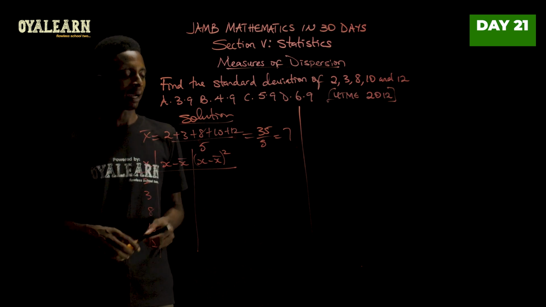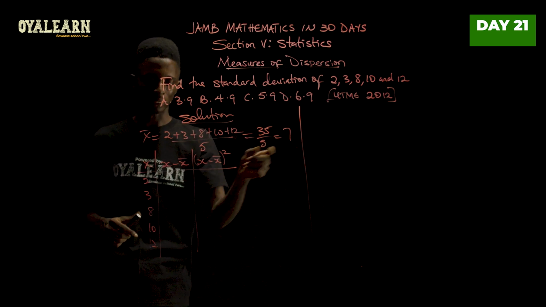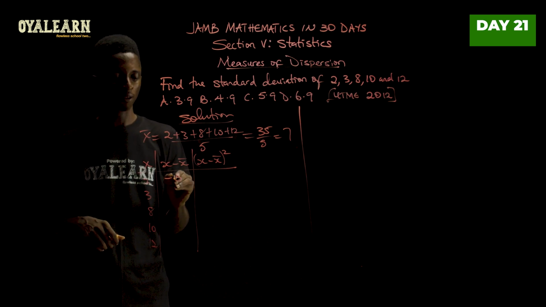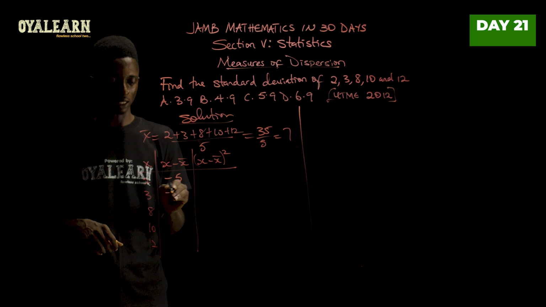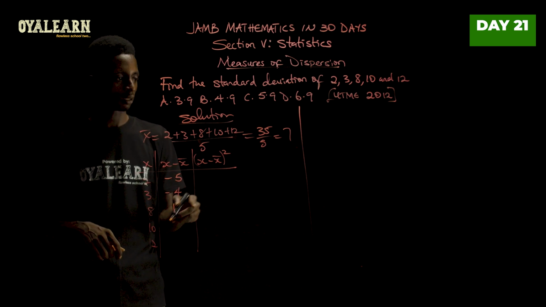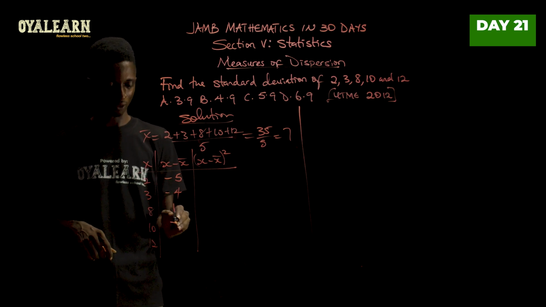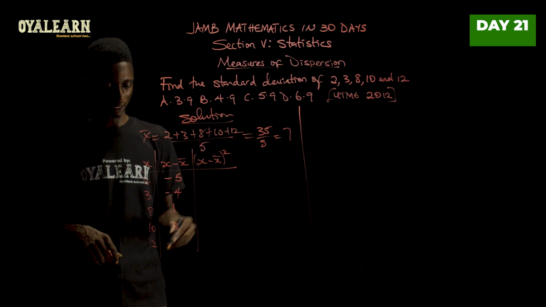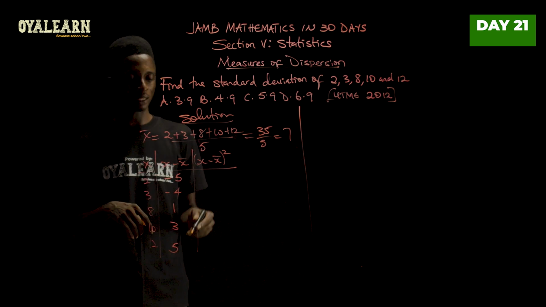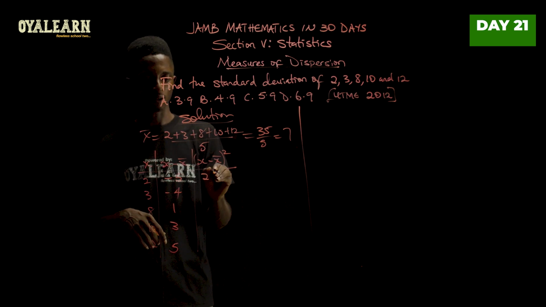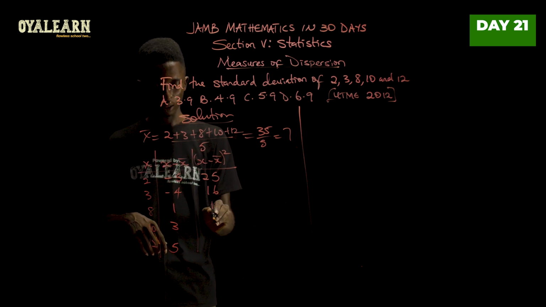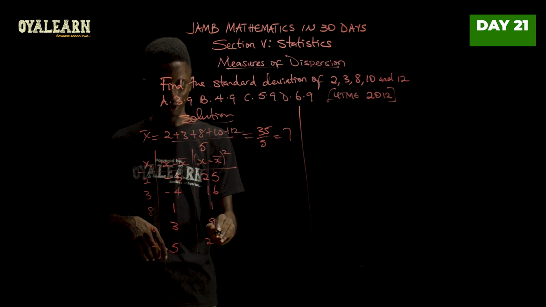So minus the mean. 2 minus 7 will give us minus 5. 3 minus 7, that's minus 4. 4 minus 7 is 1. 8 minus 7, I mean, is 1. 10 minus 7 is 3. 12 minus 7, and that is 5. Now, when we square this, we're going to have 25, 16, 1, 9, 25.